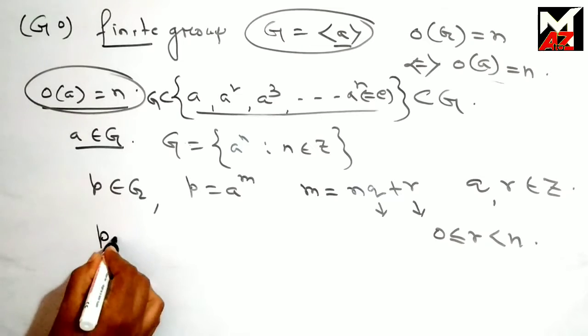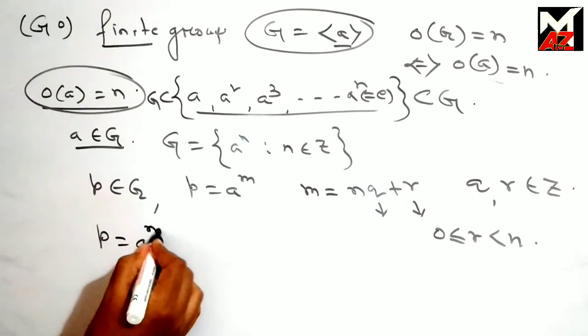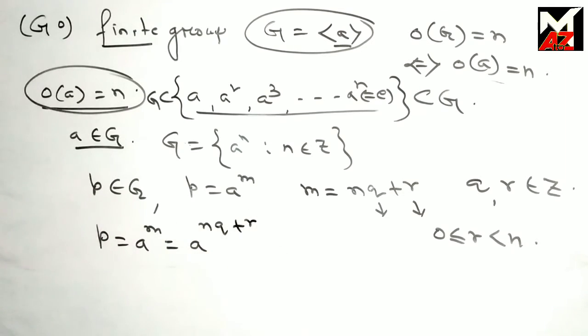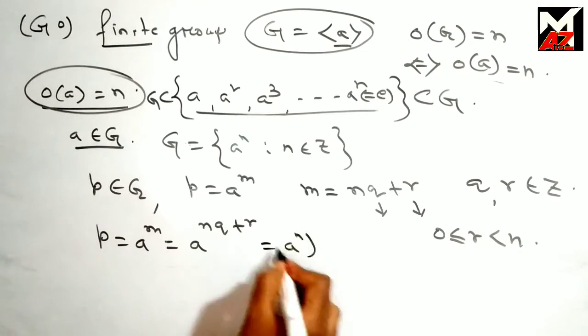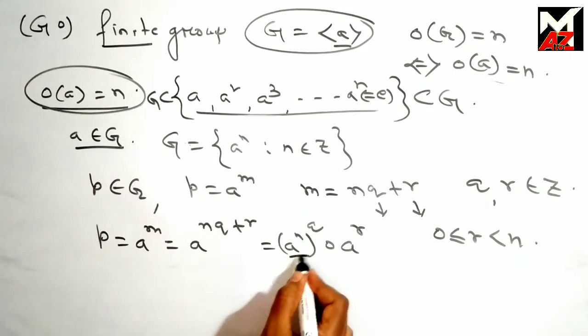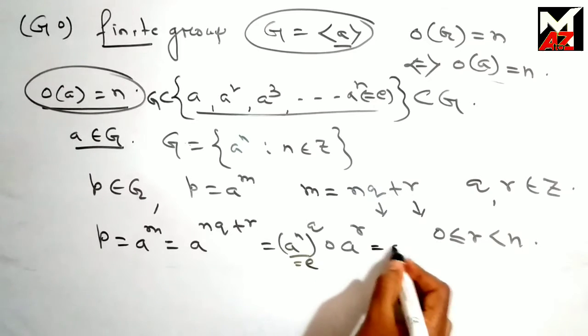Now P can be written as A to the power m, and this is A to the power nq plus r. So (A to the power n) whole to the power q composed with A to the power r, and this is e. So this is A to the power r.